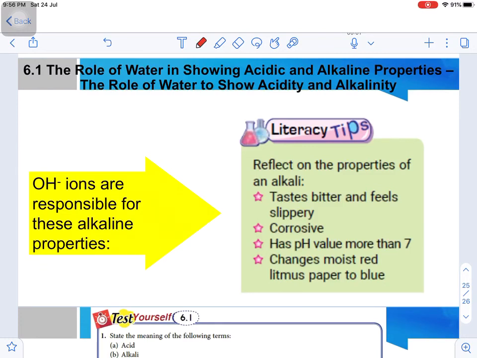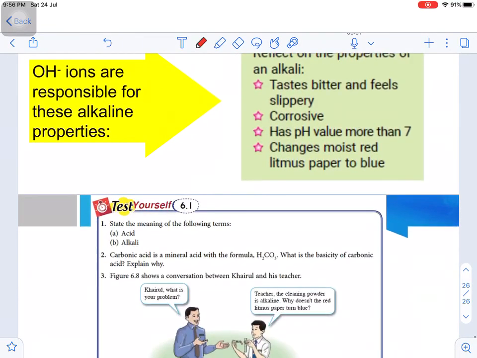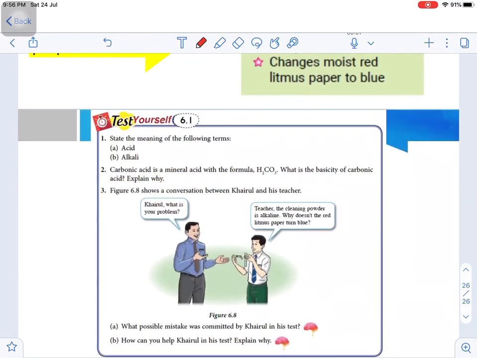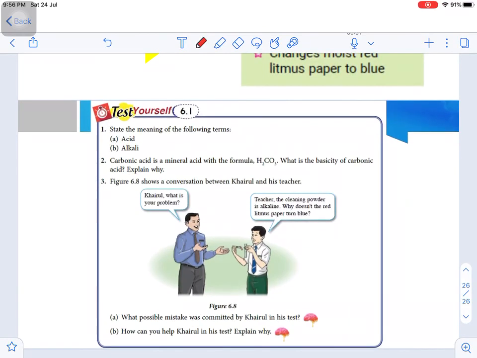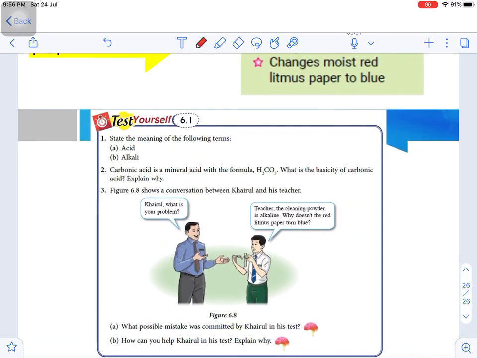And by doing the experiment, we can show the role of water in showing the acidity and alkalinity of a substance. Next, try to answer Test Yourself 6.1 and discuss with your class teacher. That's all for the lesson today. Thank you.